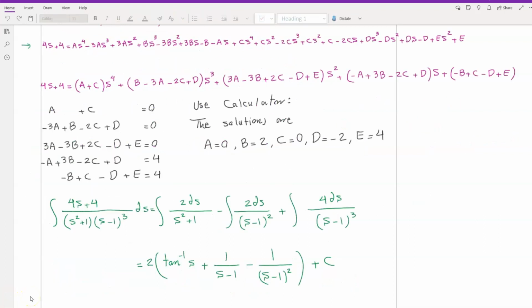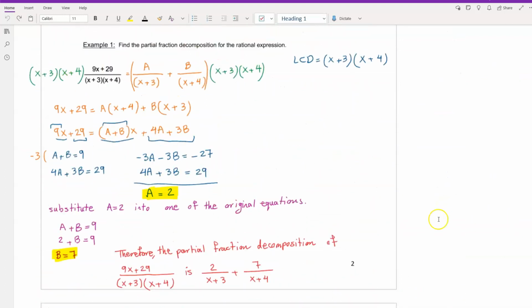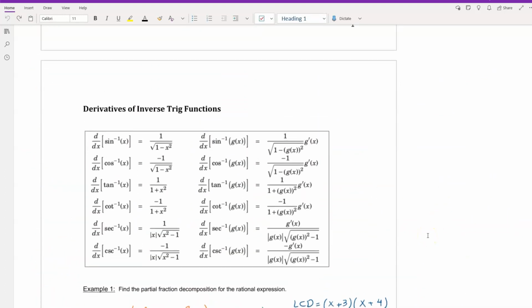So integrate 2 ds divided by (s² + 1). That is 2 times inverse tangent. Recall that the derivative of inverse tangent is equal to 1 over (1 + x²).